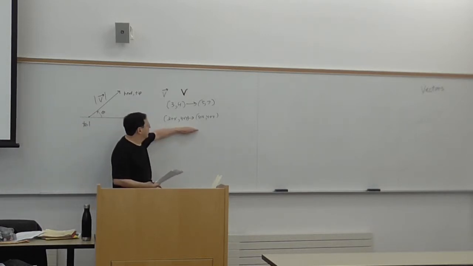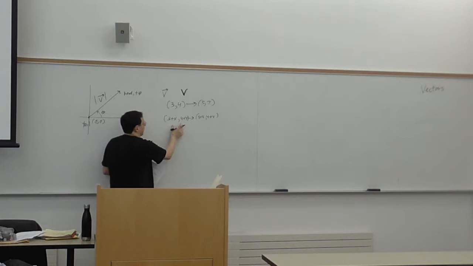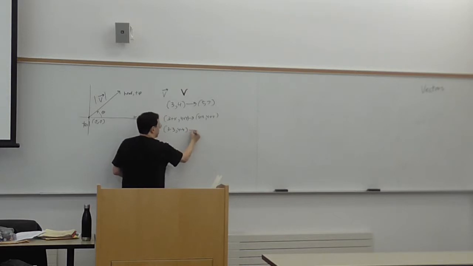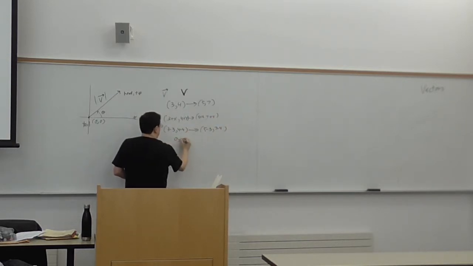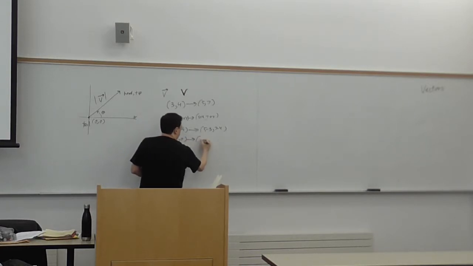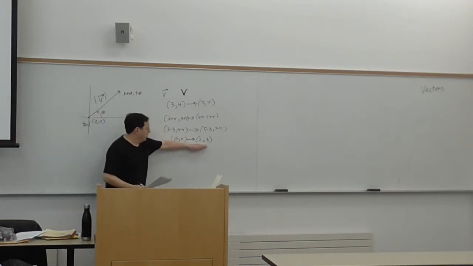In particular, you could move it so that its tail is at the origin. It's quite easy to do here. We're just going to subtract 3 and 4. It's supposed to be a 7. And now we have a vector that starts at 0, 0, and goes to 2, 3. Since we know it starts at the origin, we're going to call it a position vector. It's just the representation of that vector.